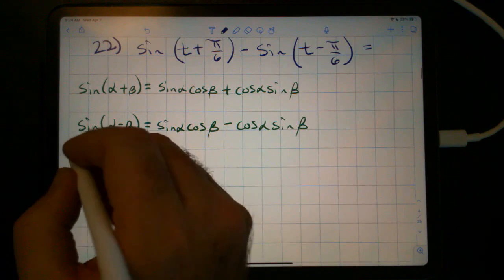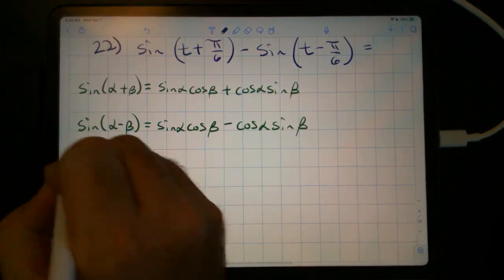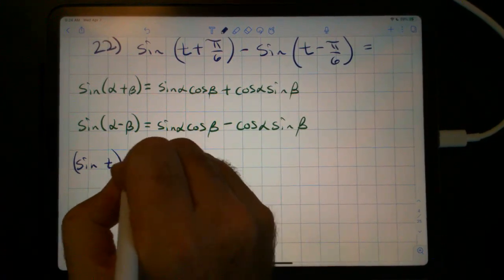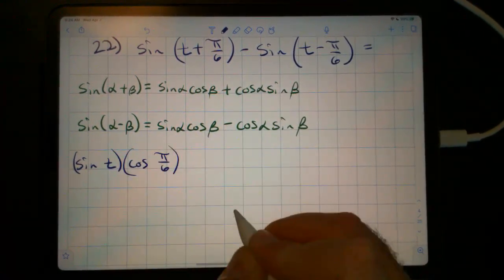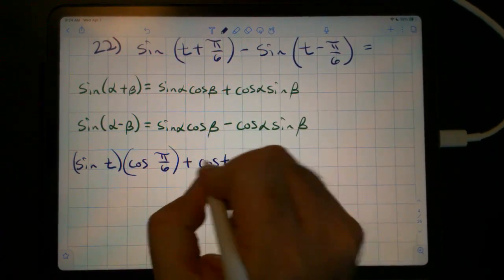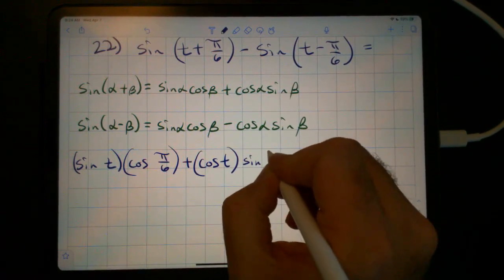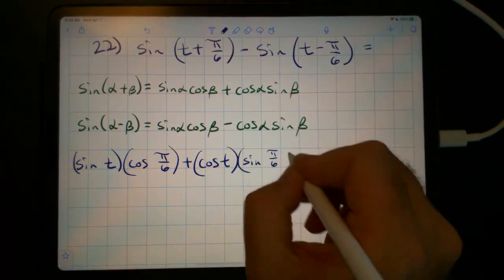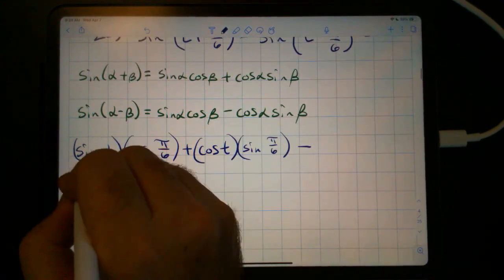So we have sine of the first angle times cosine of the second angle plus cosine of the first angle sine of the second angle, and then we're going to subtract all of this.